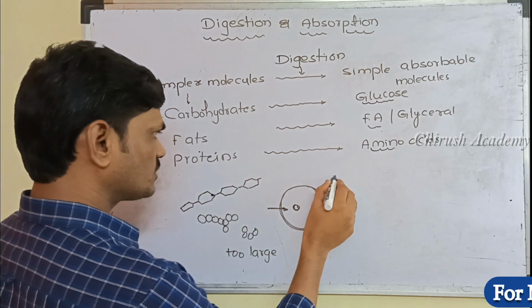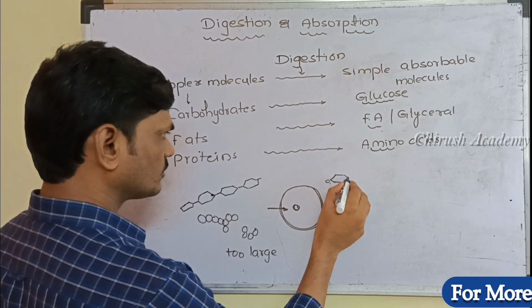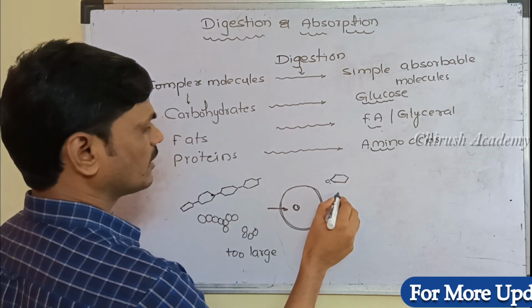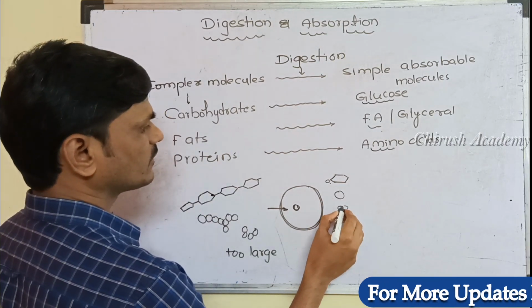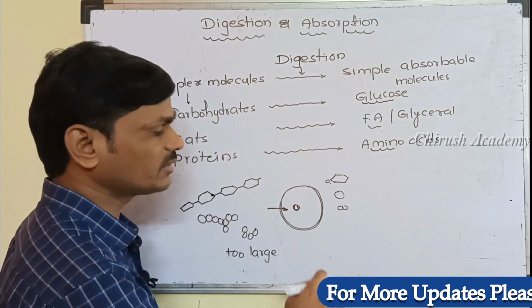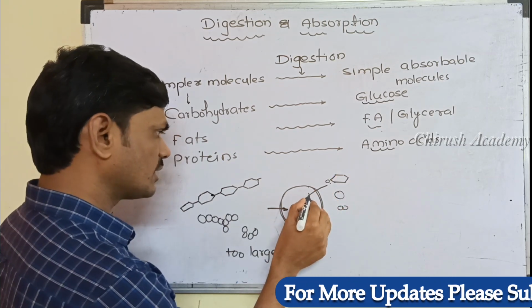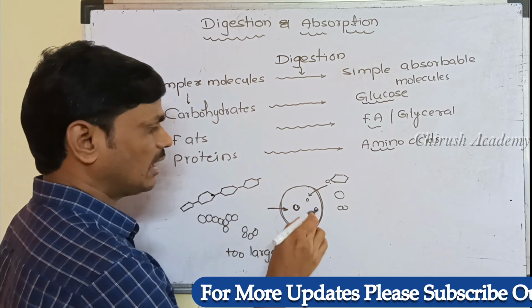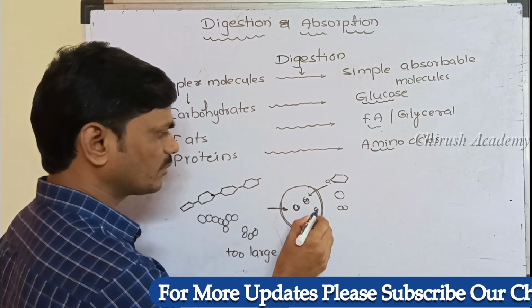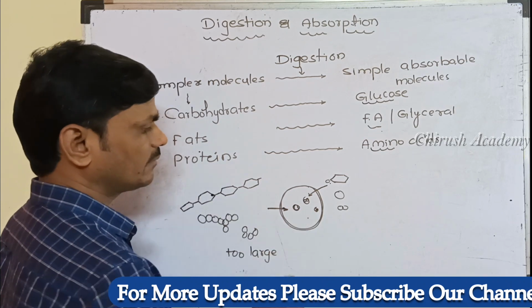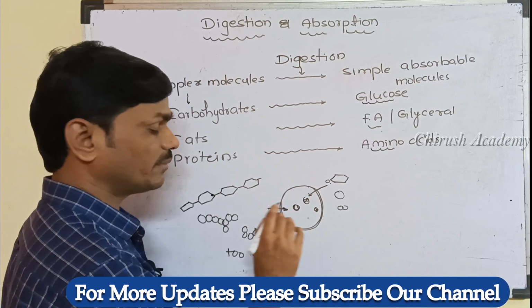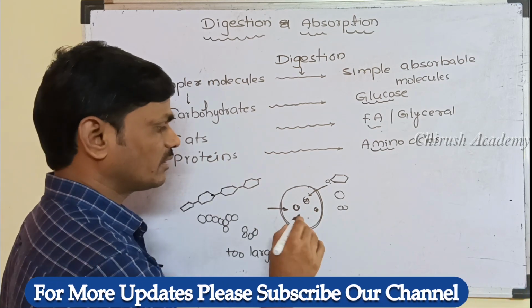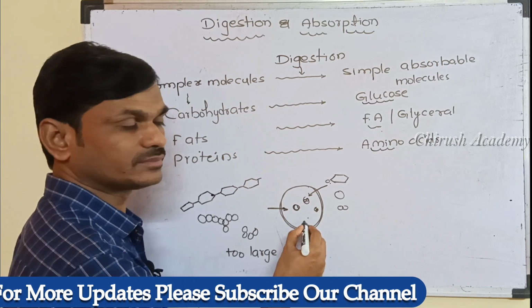Now these are simple molecules. They can cross the cell membrane and enter into the cell, and now they become an integral part of the cell, and they help in production of ATP with the help of oxygen.